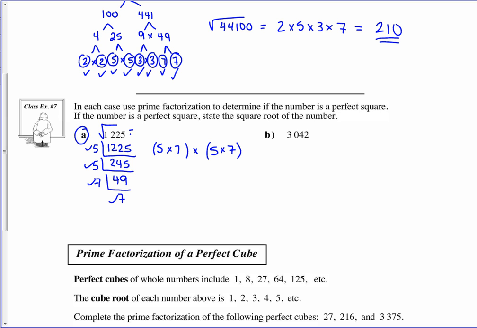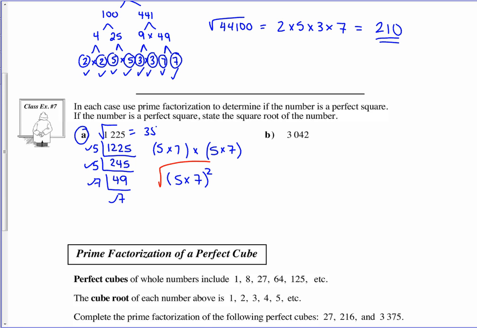Square root of that is 35, just one of them. Because we could also write that as 5 times 7 squared. And so if we want the square root of that number, square roots and squares cancel each other. They're opposite operations. And that's why we're just left with 35.